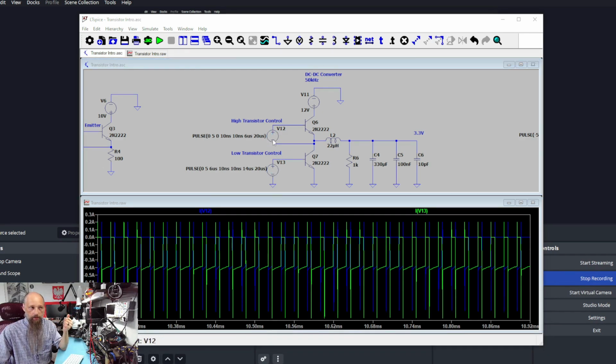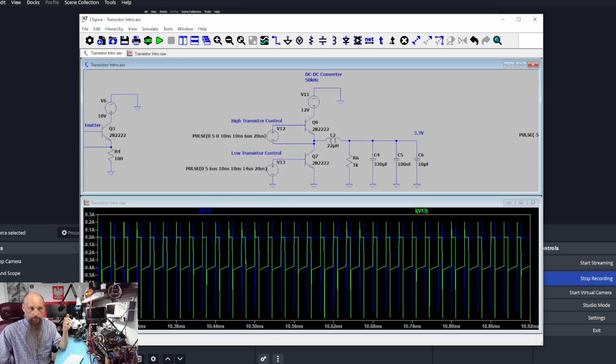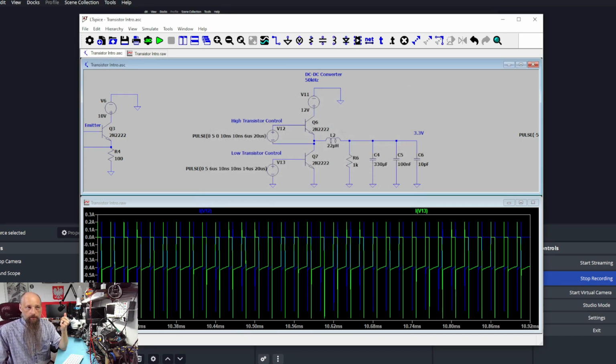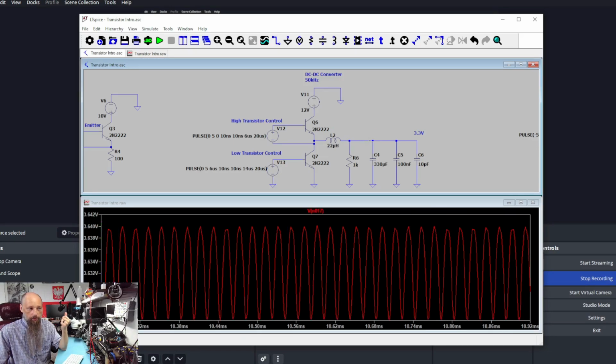As you can see, this one turns on for 6 microseconds at the period of 20 microseconds, while this one opens for 14 microseconds on the period of 20 microseconds, which means we have roughly 25% duty cycle. That in turn produces a voltage of roughly 3.6 in this case.